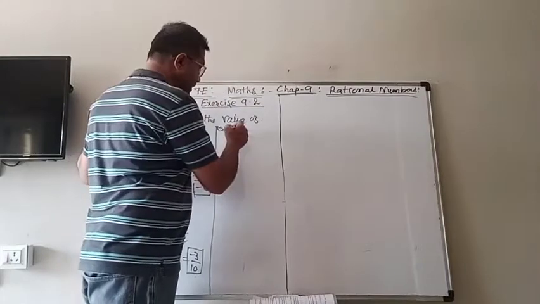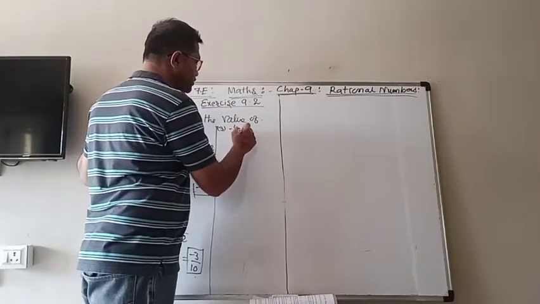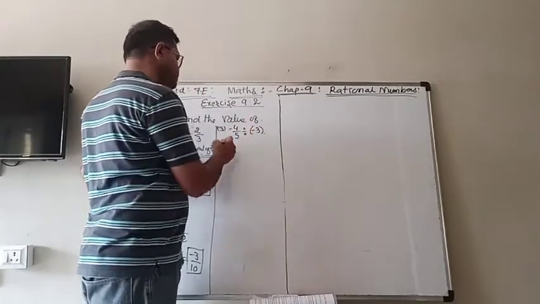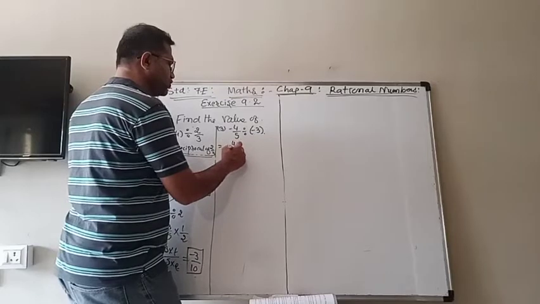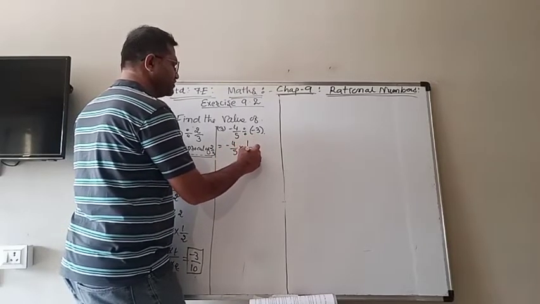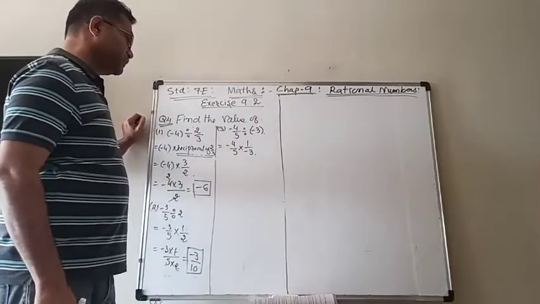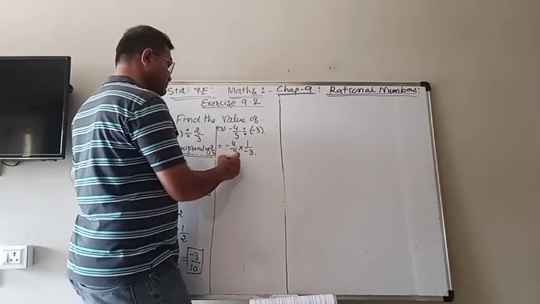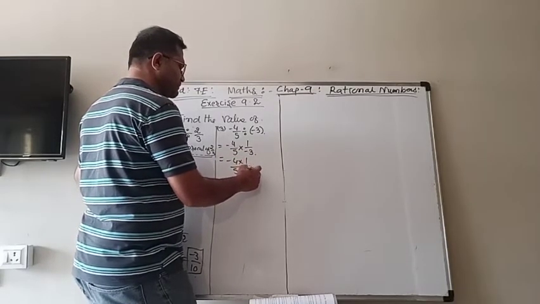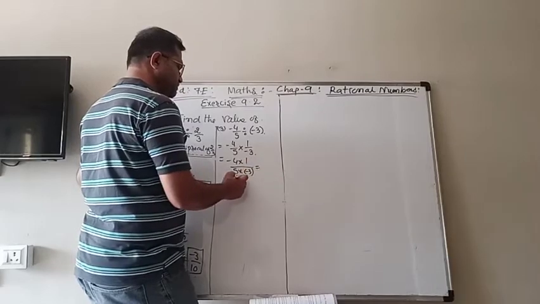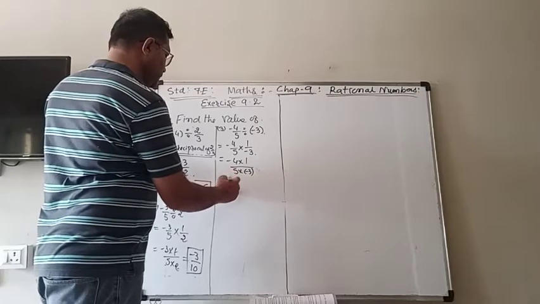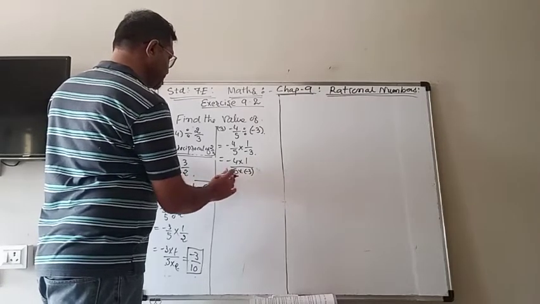Third one is minus 4 upon 5 divided by minus 3. So that is minus 4 upon 5 multiplied by 1 upon minus 3. So here minus 4 multiplied by 1 upon 5 multiplied by minus 3, that is minus 4 upon minus 15.